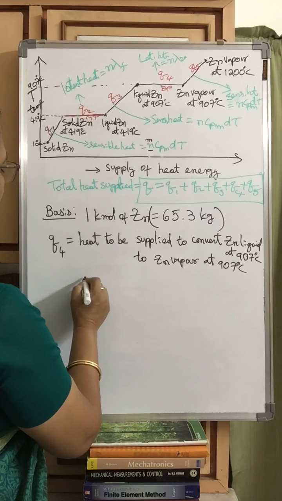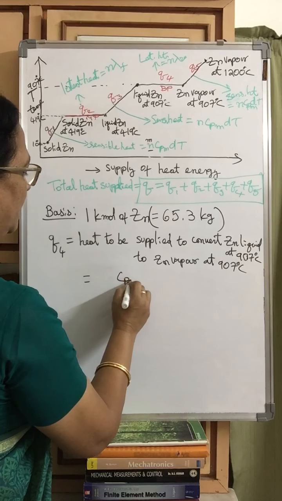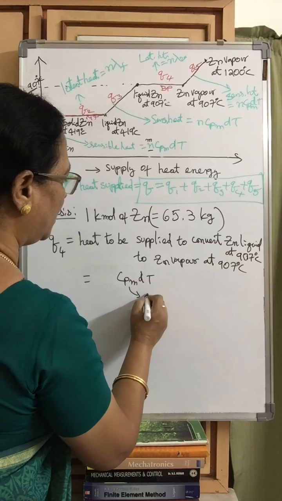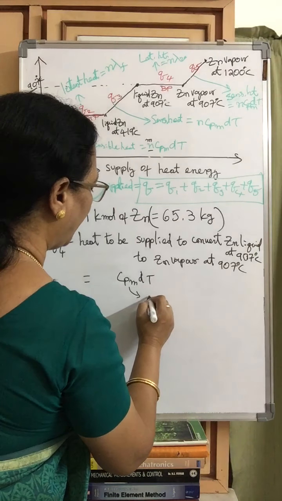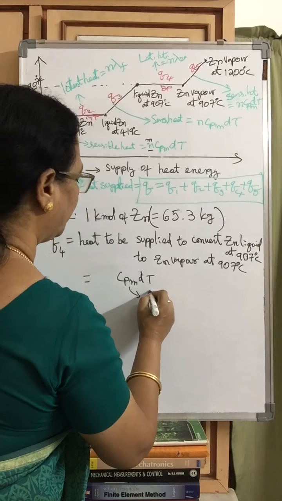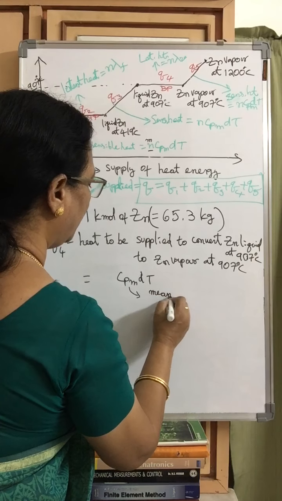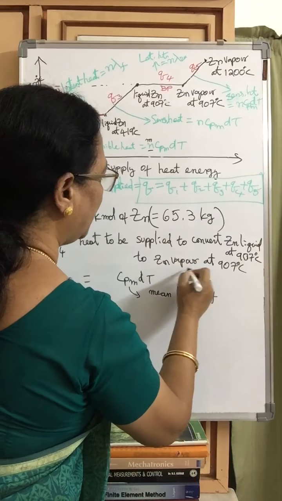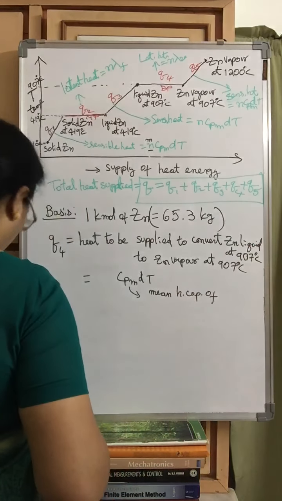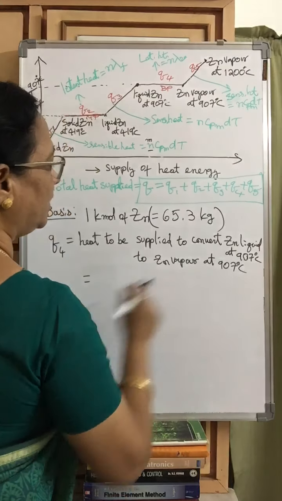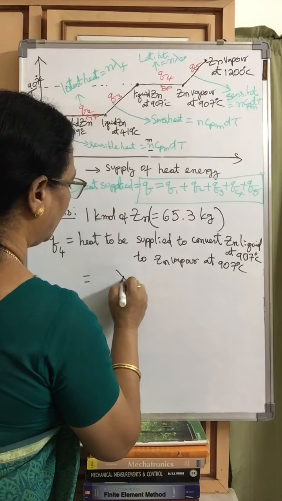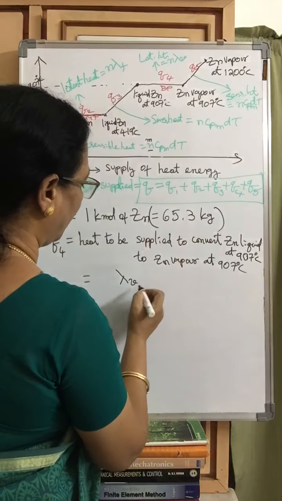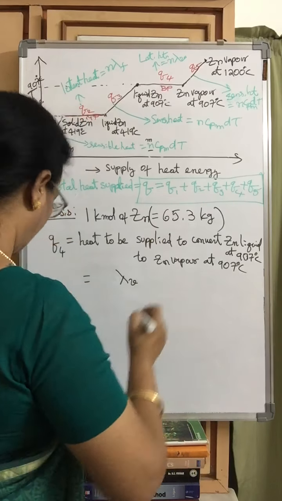So this is what now, N CPM dt, that we will see depending on what is given. CPM is the mean heat capacity of zinc, but here, because this is a latent heat calculation, lambda V. Lambda V, latent heat of vaporization, is given in which unit?